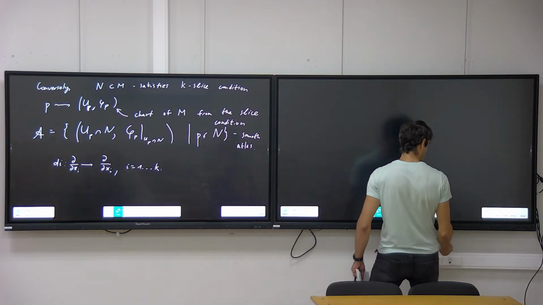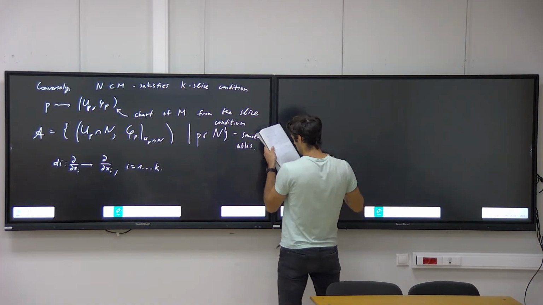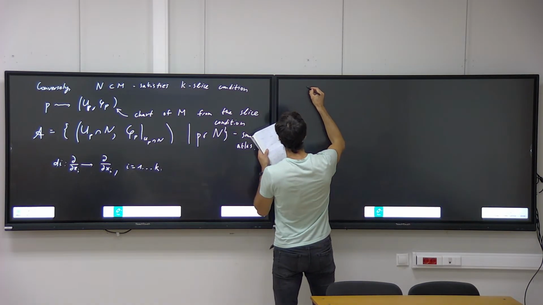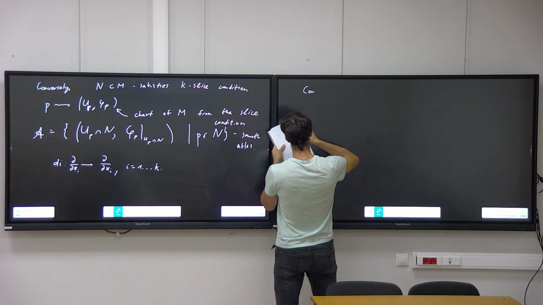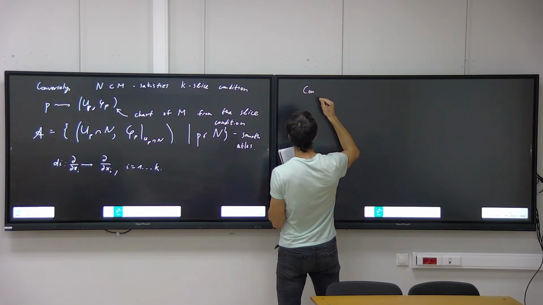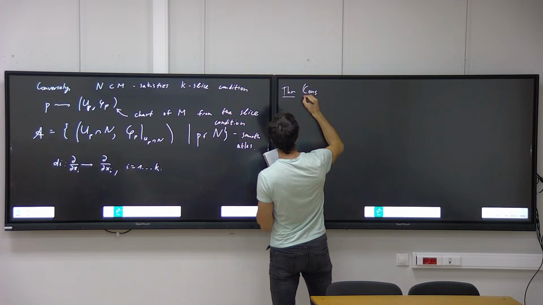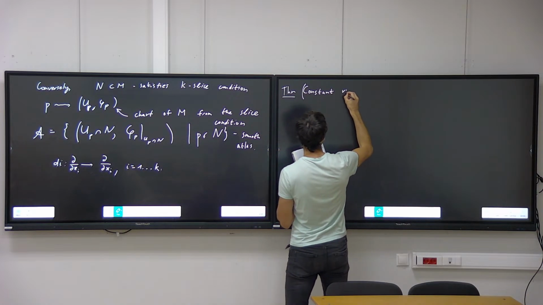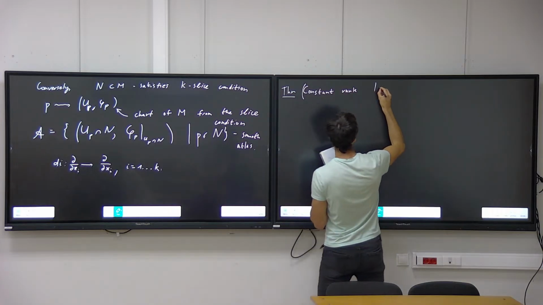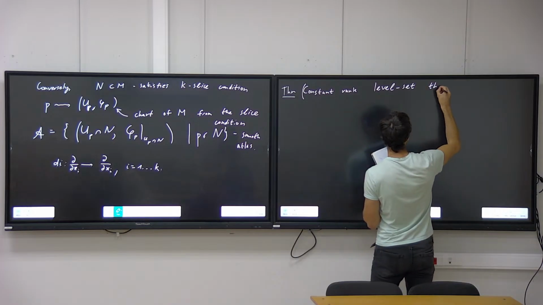Next important theorem that is used all the time is the constant rank level set theorem.